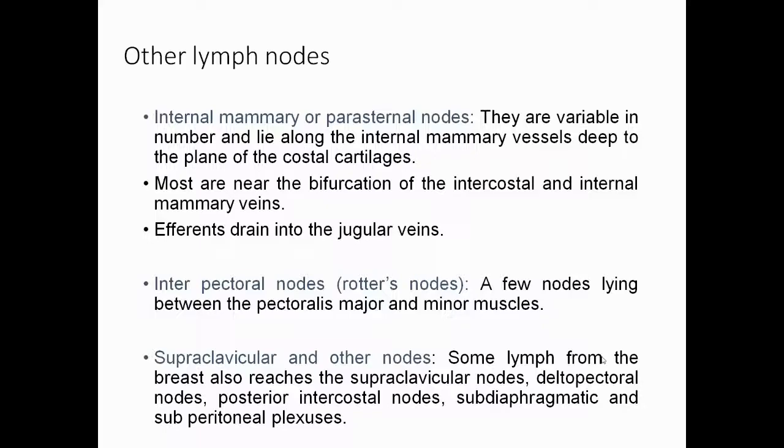Interpectoral nodes are a few nodes lying between the pectoralis major and minor muscles. Supraclavicular and other nodes: some lymph from the breast also reaches the supraclavicular nodes, deltopectoral nodes, posterior intercostal nodes, subdiaphragmatic and subperitoneal plexus.